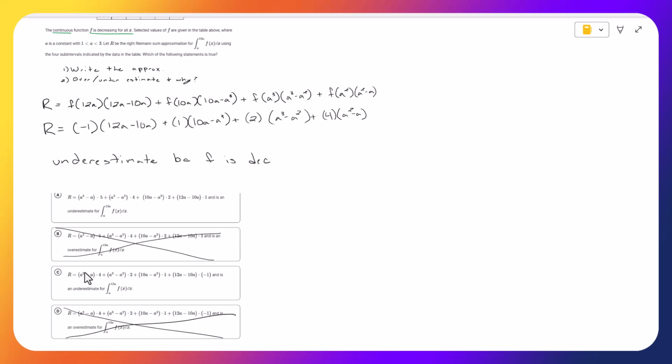If we notice, these are in a little bit of a different order. They start with a squared minus a. So I'm going to look at my a squared minus a term. It's a squared minus a times 4. This one is a squared minus a times 5. This one is a squared minus a times 4. Obviously, that leaves us with C being our correct answer. So all I'm doing is matching what term I'm looking at.